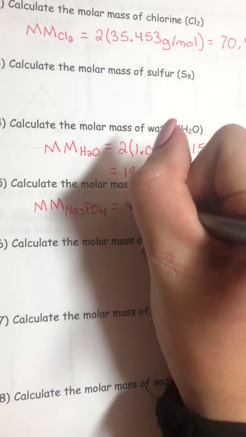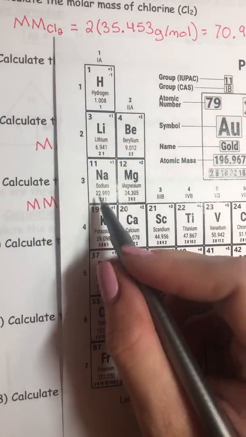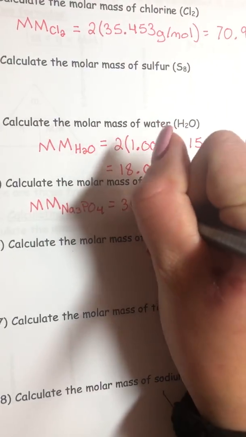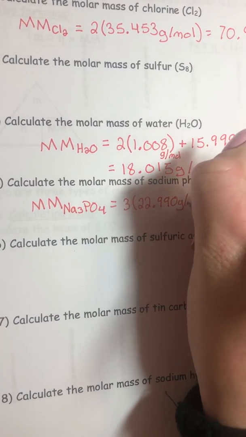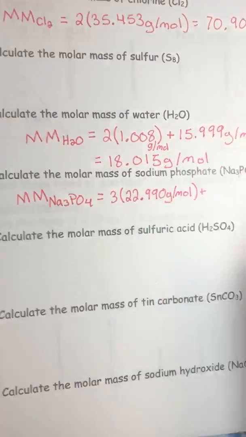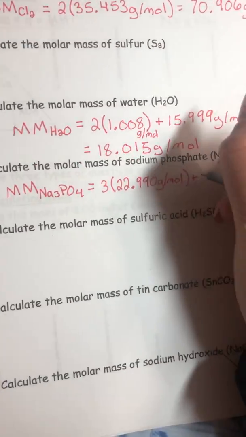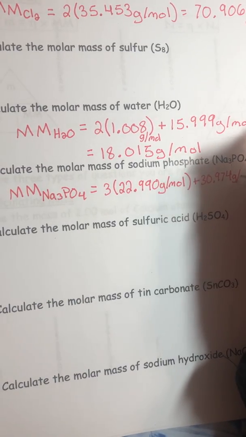I have 3 sodiums, so I'm going to do 3 times 22.990 grams per mole. Adding 1 phosphorus, which is 30.974 grams per mole.